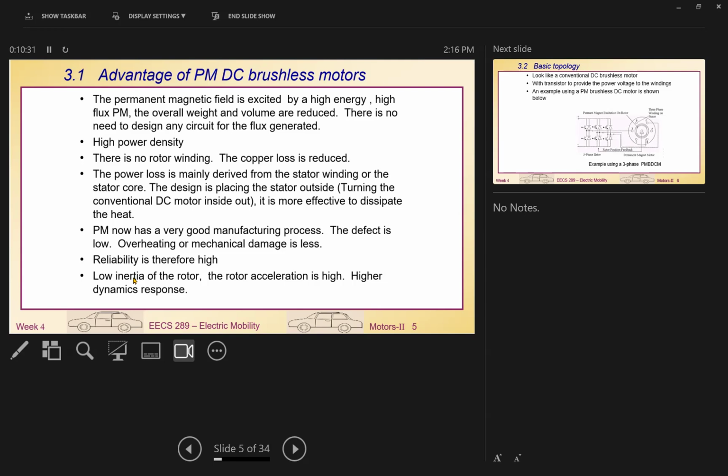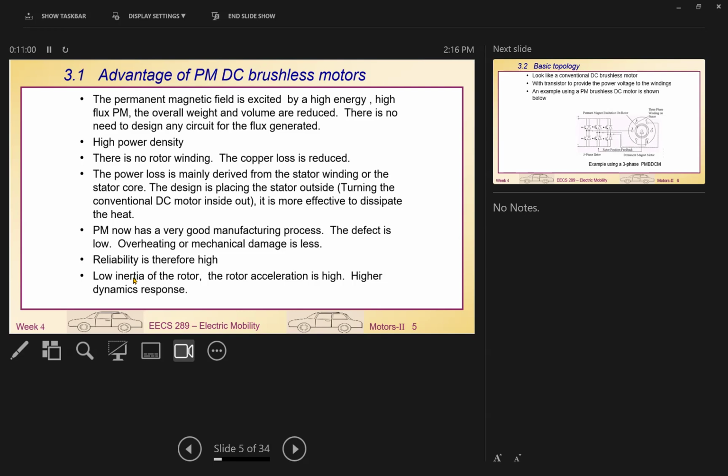So that means all the power loss mainly comes from the stator winding. The stator winding is mainly copper there. We have the copper loss over there. And PM has now been manufactured for many years, so they have really good skill for the manufacturing, for the production. The defect rate is getting lower and lower now. But again, sticking the PM into the rotor is still quite a technique because the rotor is rotating.